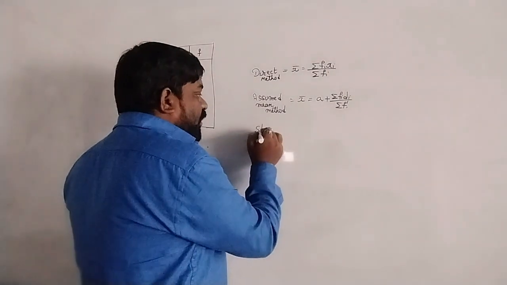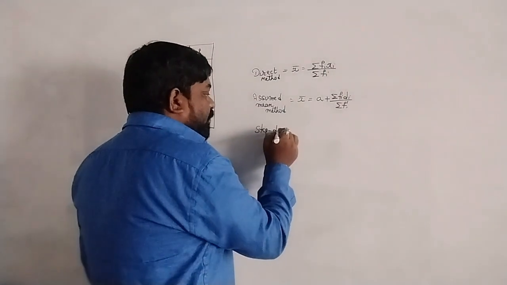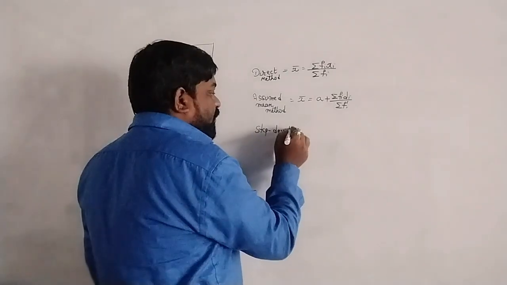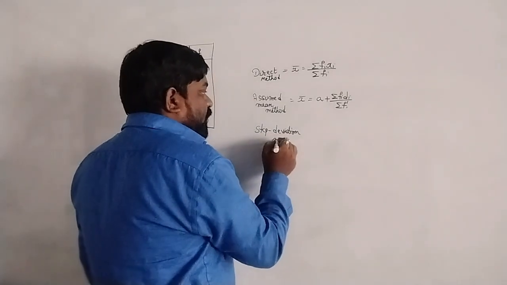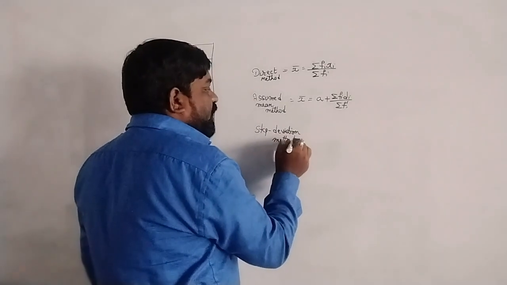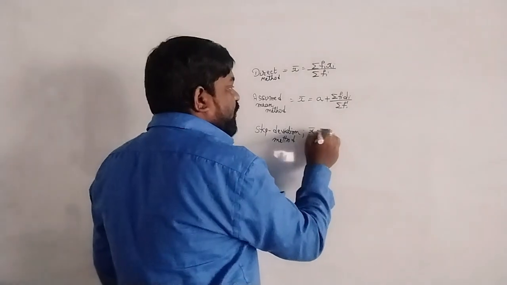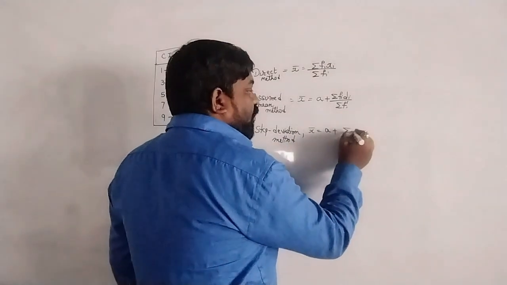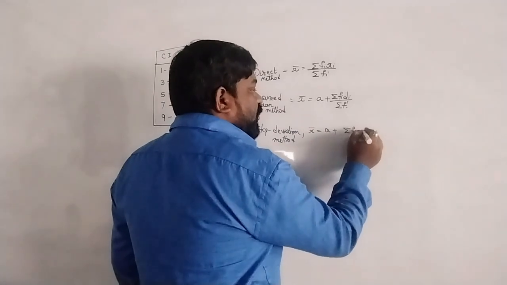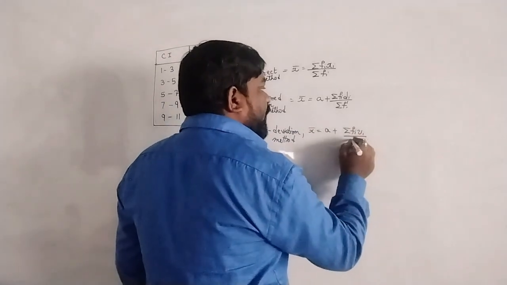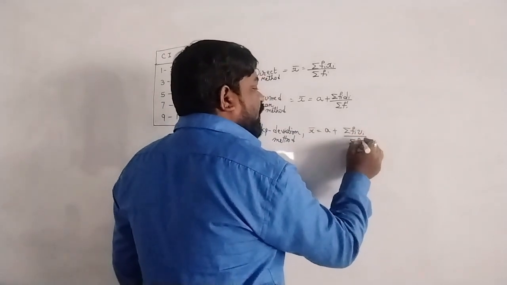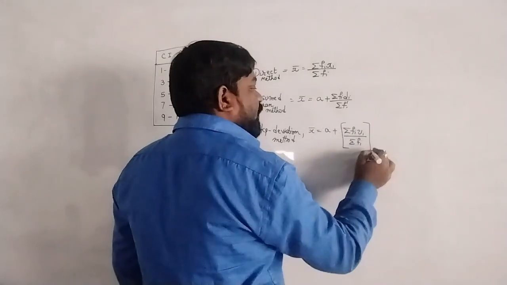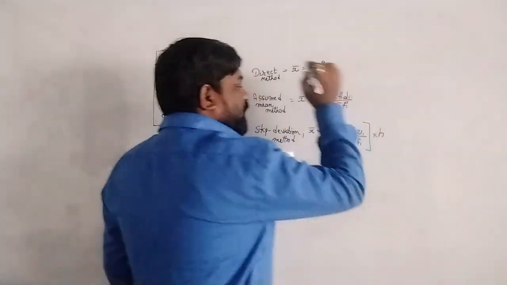Now we are going for step deviation method. The formula is x dash equals a plus sum of fi ui divided by sum of fi into h.